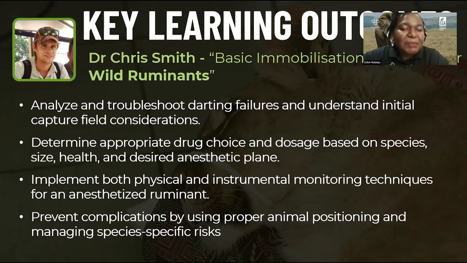Number three, you should be able to understand the implementation of both physical and instrumental monitoring techniques for the anesthetized ruminant. Lastly, you should know how to prevent complications by using proper animal positioning and managing species-specific risks.